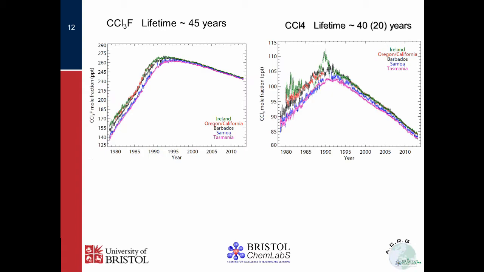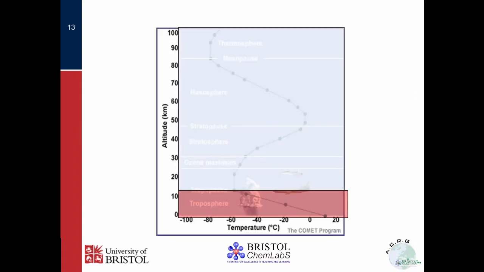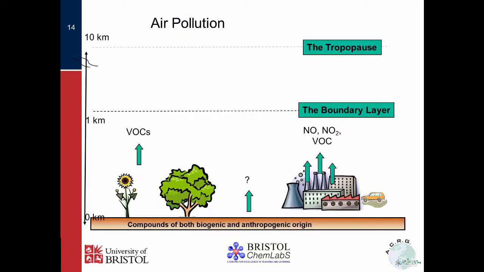Okay, well, let's now focus for the rest of this talk on the lowest part of the atmosphere, the lowest 10 kilometers, which is known as the troposphere. And in fact, we're not even going to focus on the lowest 10 kilometers. We're actually going to focus on the lowest kilometer, something called the boundary layer. And we're going to think about the chemicals that are released into this region: volatile organic compounds, and a whole load of nitrogen oxides, so NO and NO2, that are released from combustion.